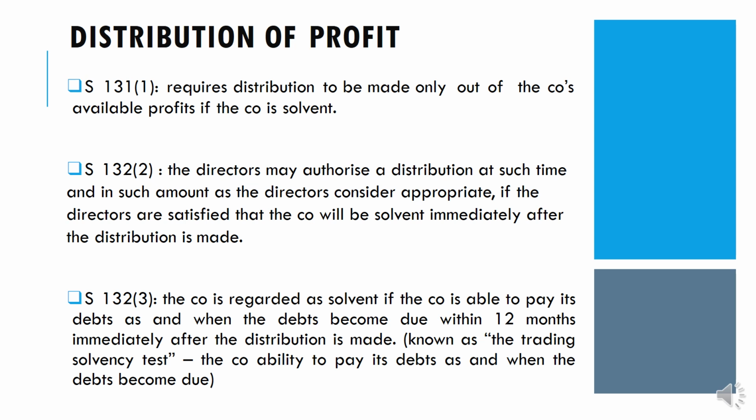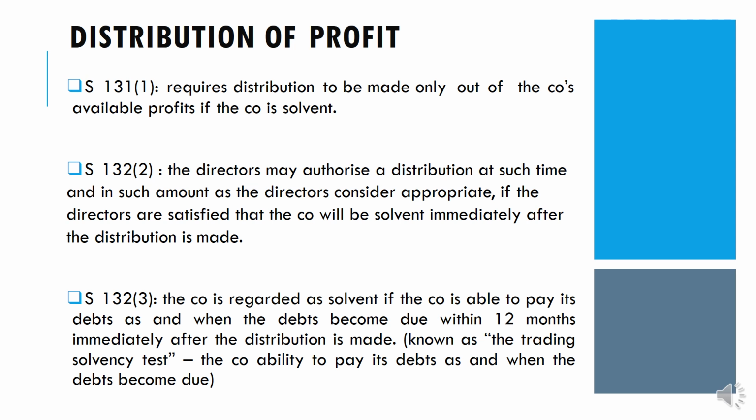Section 132 subsection 2. Because the directors make the decision, isn't it? If they have profit, they have surplus, the directors are the ones who make the decision, right? So under this section, it is stated that when the directors want to authorize a distribution of profit, the directors must consider appropriately and satisfy that the company will be solvent immediately after the distribution is made.